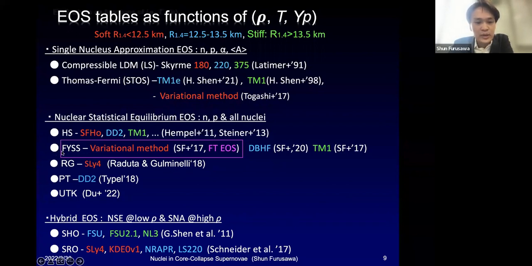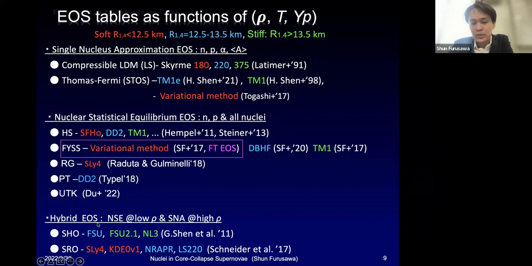And our group also constructed an EOS, and today I will introduce some results based on the FT EOS. The nuclear interaction model is the variational method provided by Togashi-san, and the nuclear model is the NSE model. Recently, many groups published various equations of state. This year, Steiner's group also constructed a new equation of state.